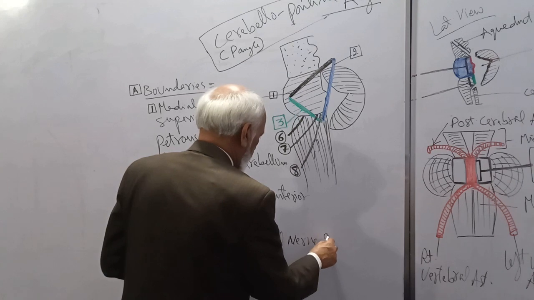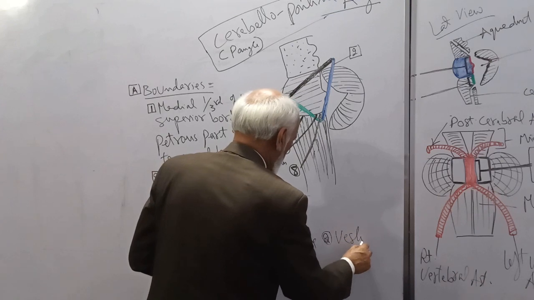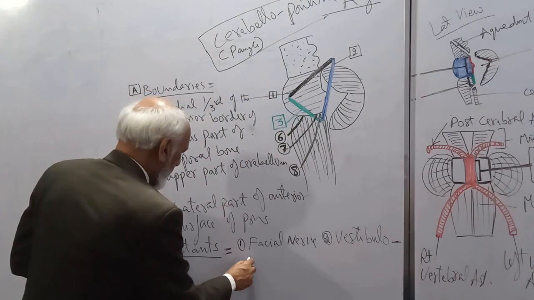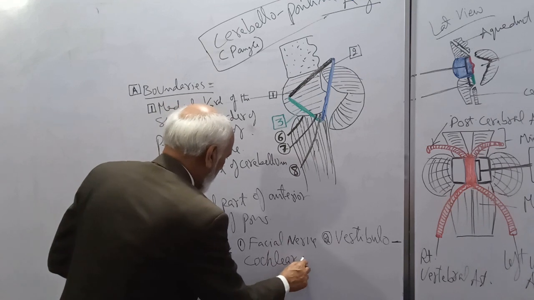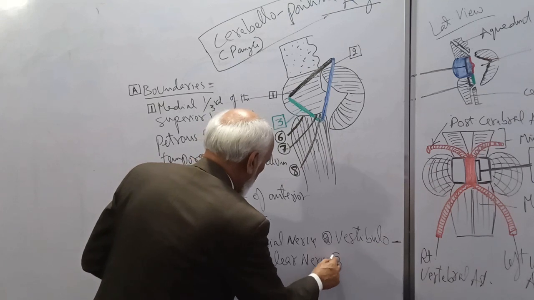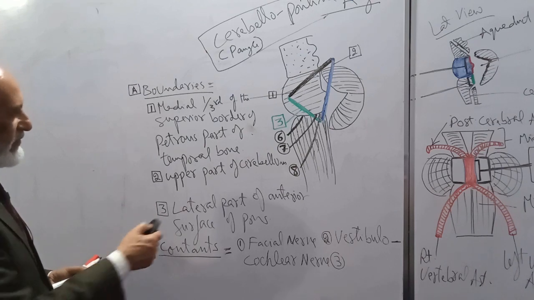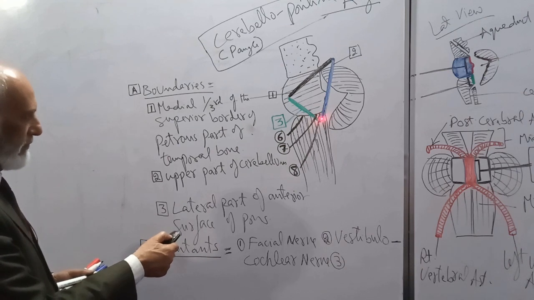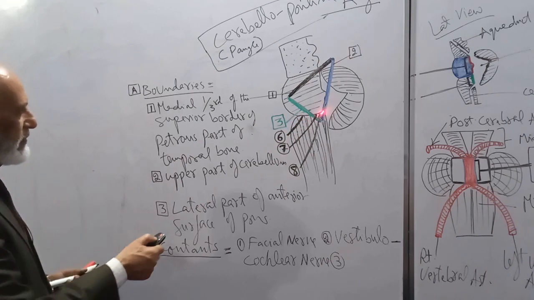And number 2, vestibulocochlear nerve. Two cranial nerves in this angle. 7 are facial nerve and vestibulocochlear or 8 cranial nerve. The 6th one is outside this angle.